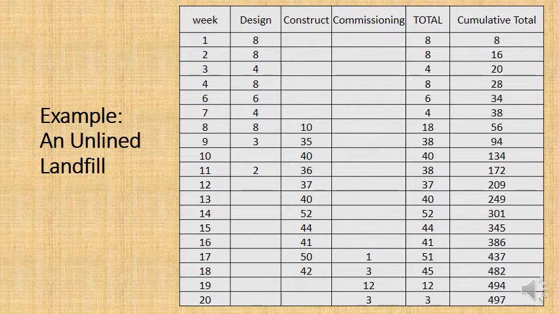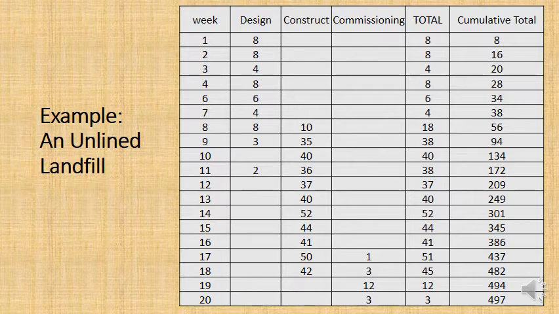And you can see those numbers in there. Those are actually budgeted costs. So in week 1, we're spending $8,000 on design work. Week 2 is $8,000 on design work. Week 3, we're only spending $4,000 on design work.